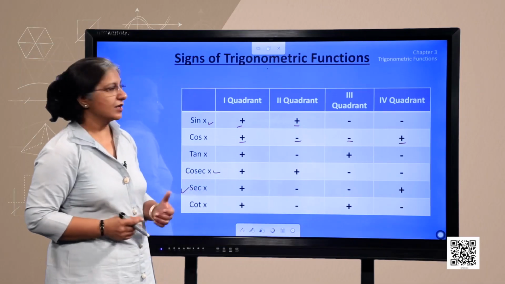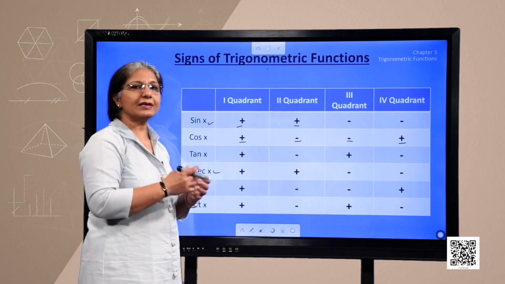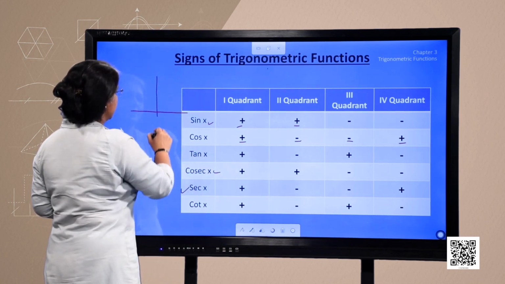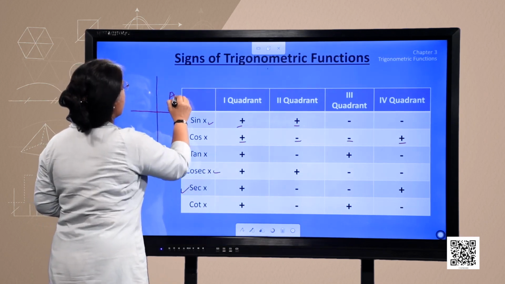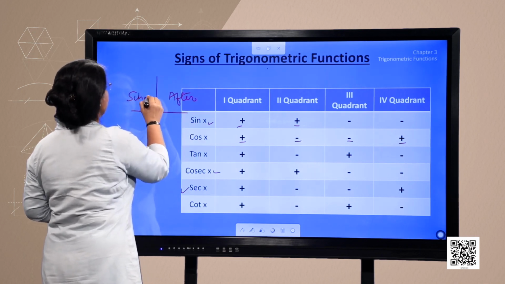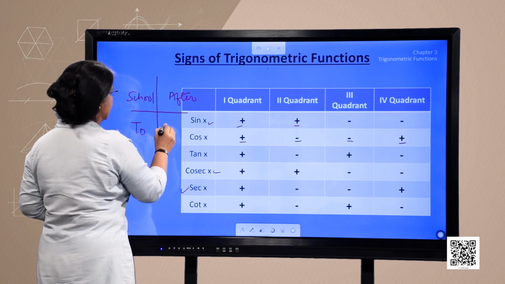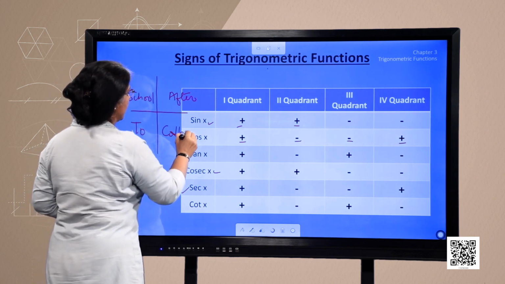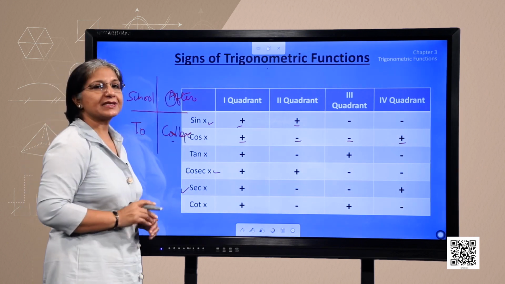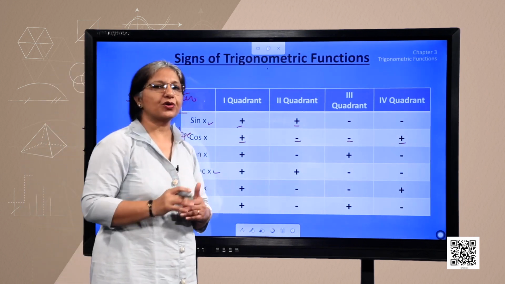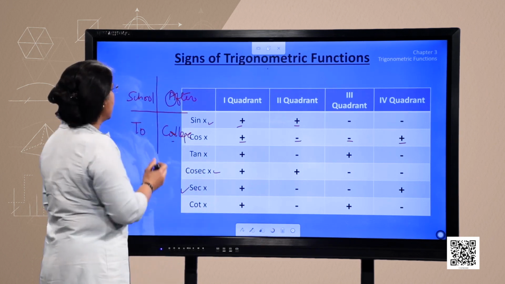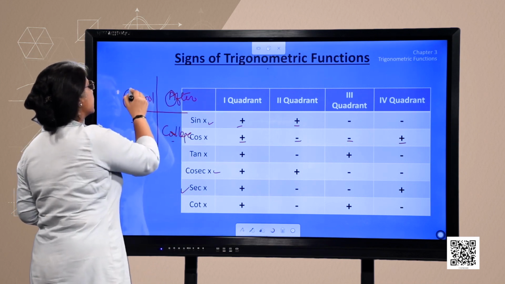So, students, to remember it and to learn it easily, what we can do is learn it like a sentence: after school to college. If you remember this sentence, the first letter A represents all, meaning all the trigonometric ratios are positive in the first quadrant, and S is sine.